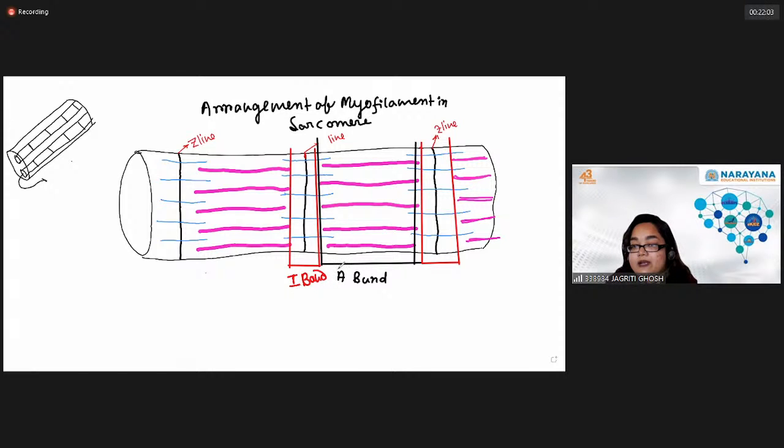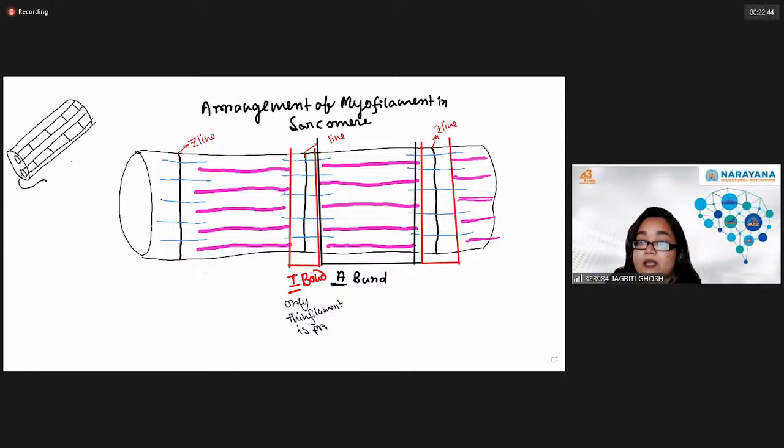So I band is the area where, write it down with me, only thin filament is present. But what the A band is telling is that the line starts from wherever we stand. So the A band is the entire length of the thick filament.